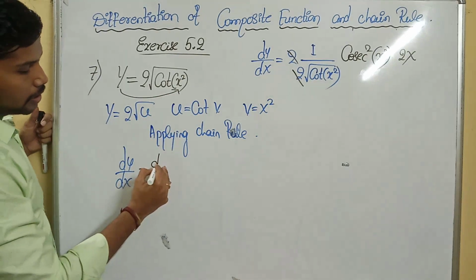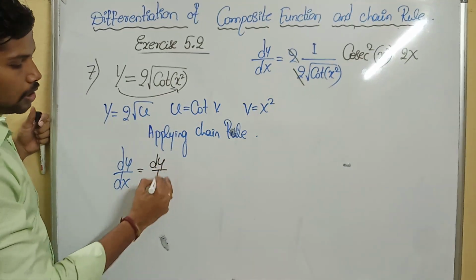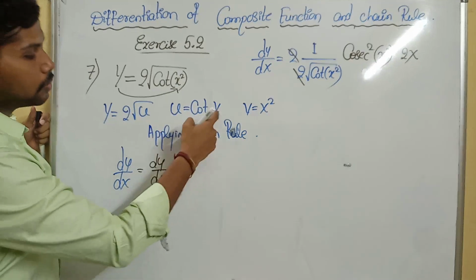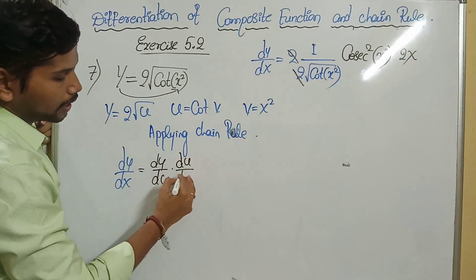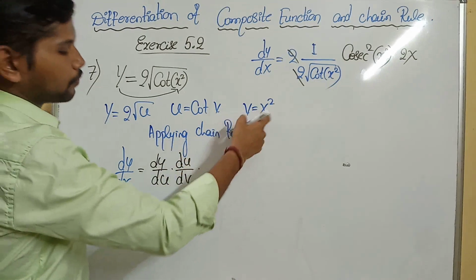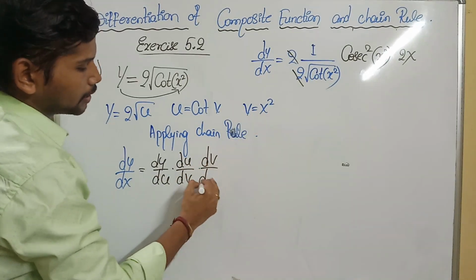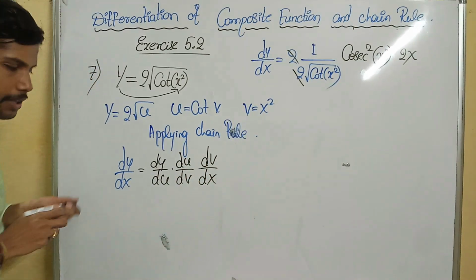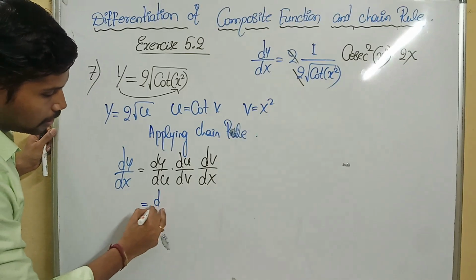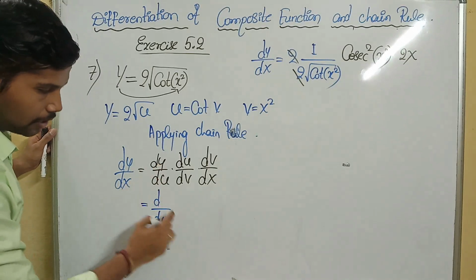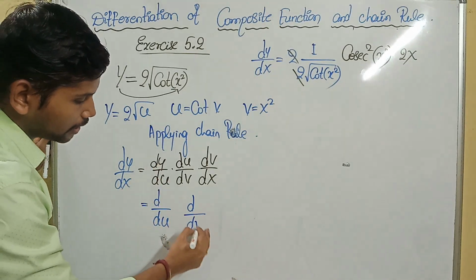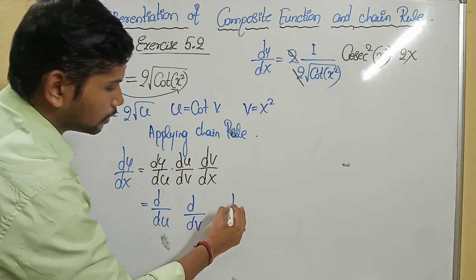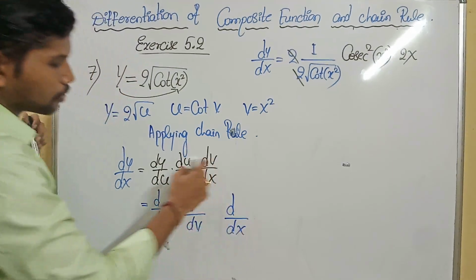Now after that dy by du, u is a function of v, du by dv, v is a function of x, dv by dx. Is it clear? Then it will be d by du of, I need to write y here, d by dv of, I need to write u here, d by dx of, I need to write v.